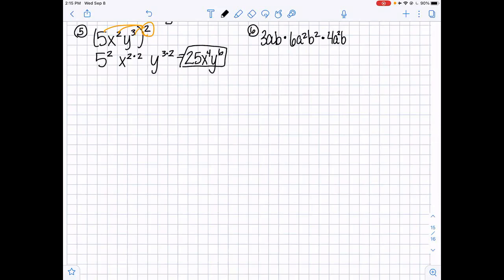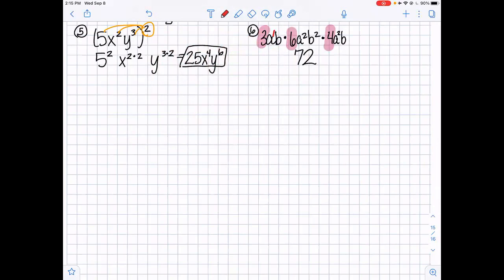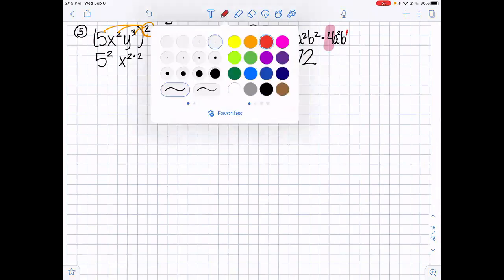Okay, so on number 6, first thing you gotta do, multiply the numbers. 3 times 6 times 4. 72. Write it here. Okay, then we have to add the exponents. Where there are not exponents, put a 1.